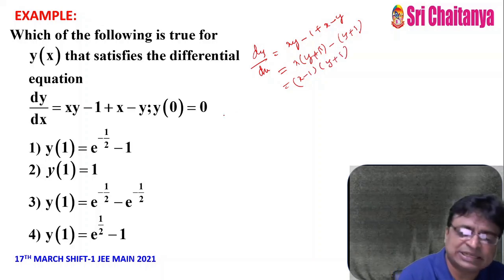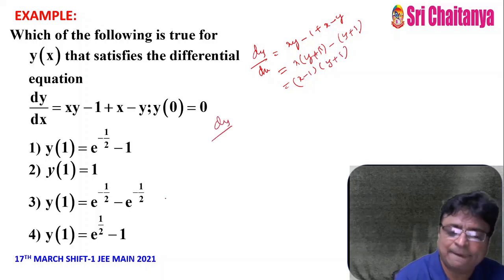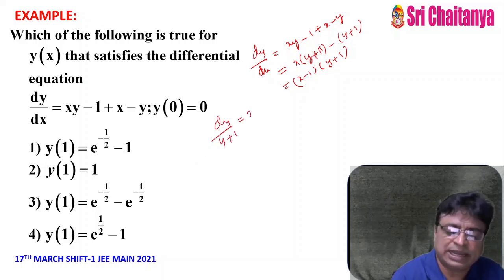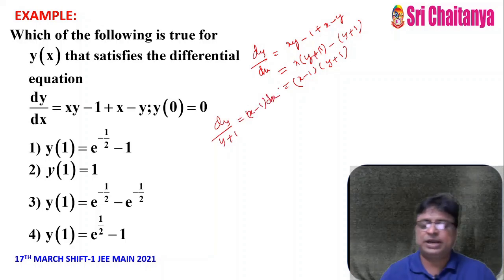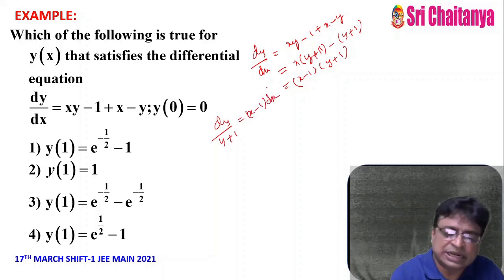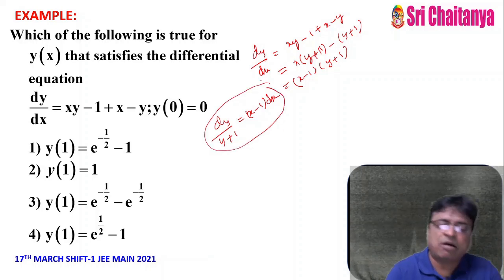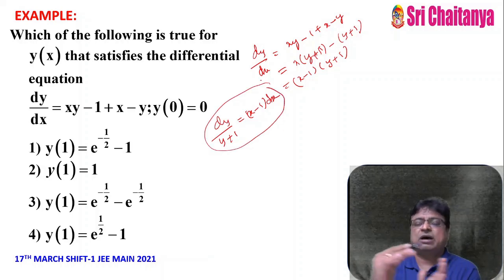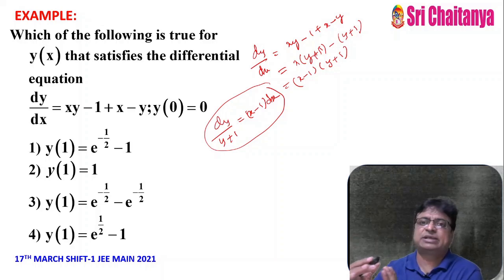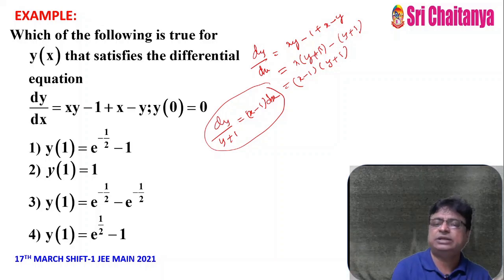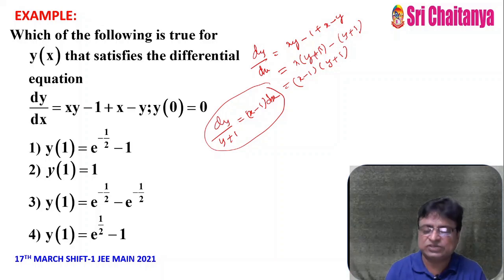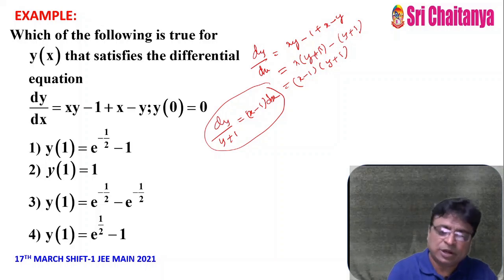I can write this as dy by (y plus 1) equals (x minus 1) dx. What I did is separate the variables. All x terms are with dx and all y terms are with dy. That is why it is called variable separable.